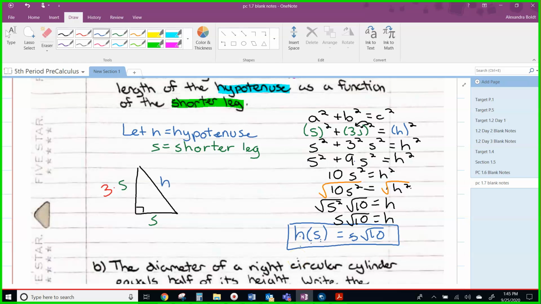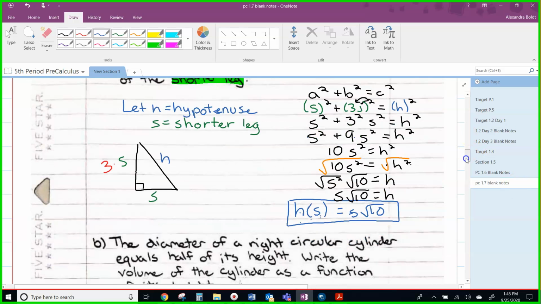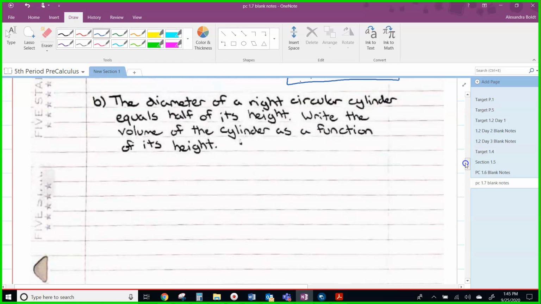Okay, let's look at B. Something very similar. Again, we're going to be given a situation and I want to create this equation from it. So the diameter of a right circular cylinder equals half of its height. Write the volume of the cylinder as a function of its height.